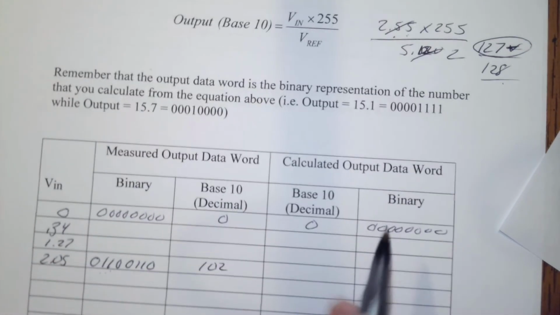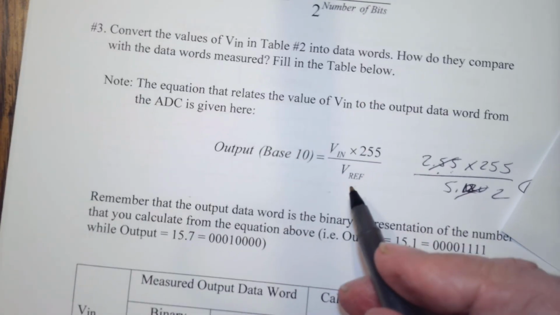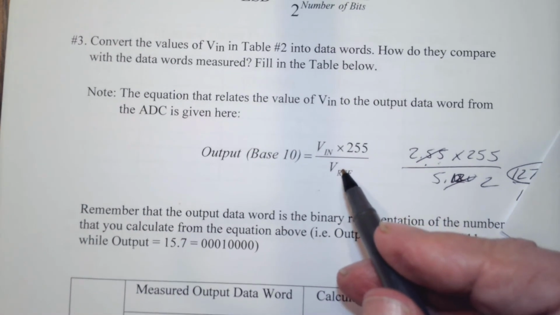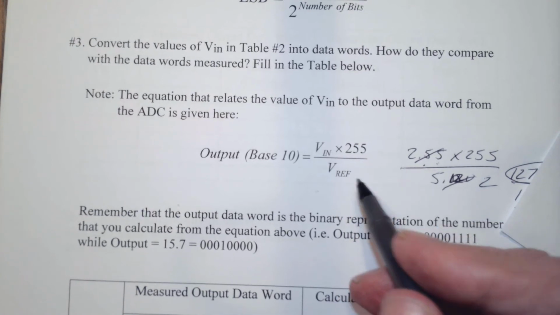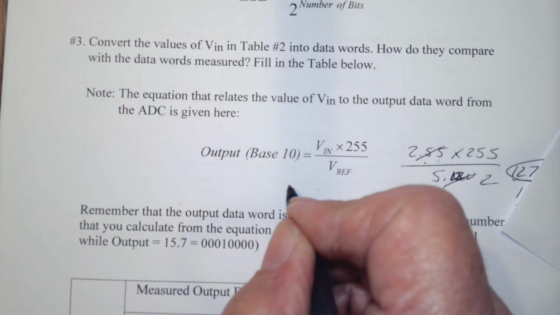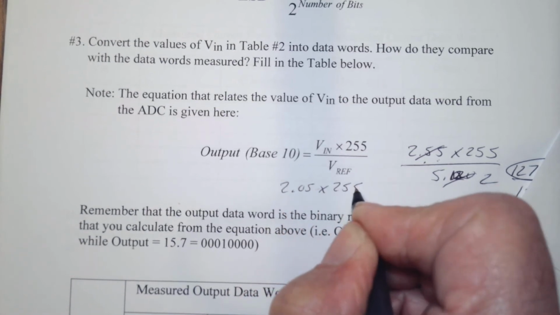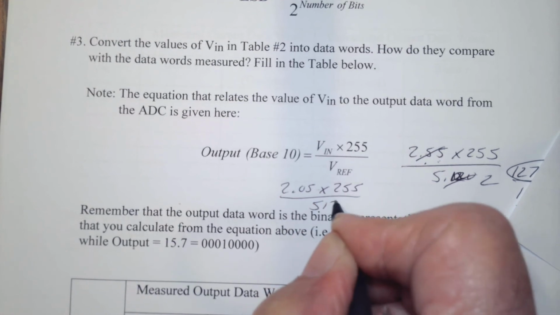The calculated output here, from this equation, is Vin times 255 over the reference. So let's plug some stuff in here. Vin was 2.05 volts times 255 over 5.12.